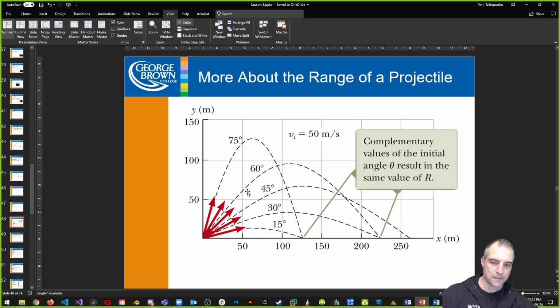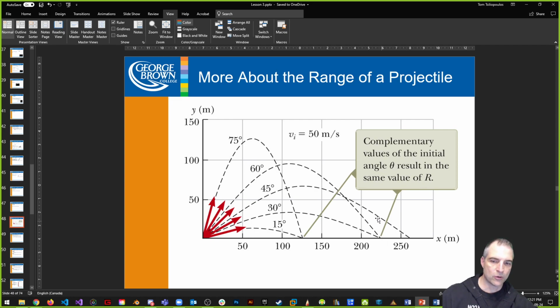All of these add up to 90 degrees, the complements of the angles. So 75 plus 15 is 90. 60 plus 30 is 90, right? 60 or 30 gives us the same place, right? 45 and 45 is 90, right? And you can see that the other ones are the same. So here's a couple of things.